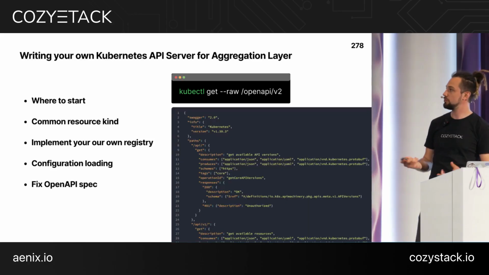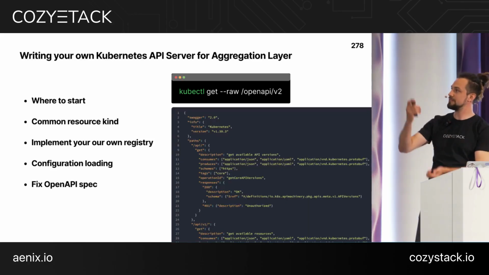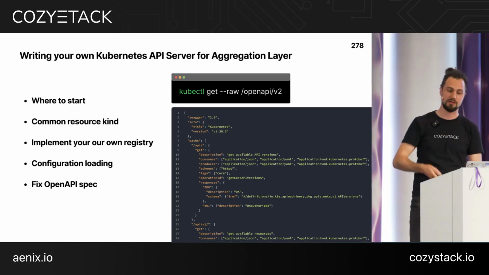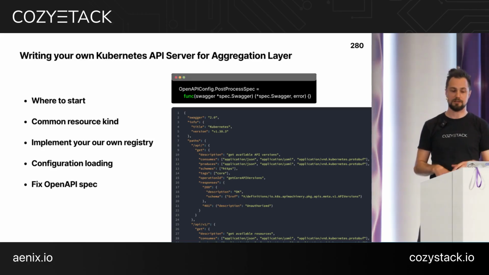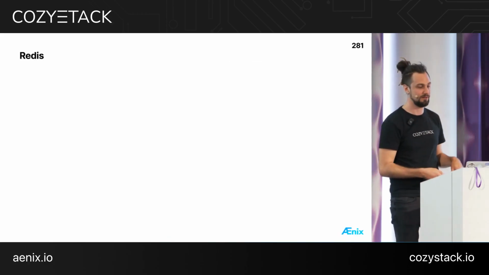You'll see some output with the specification for your applications. In fact, you can modify this using a post-processor for the spec. So if you want to modify it, we actually did that.